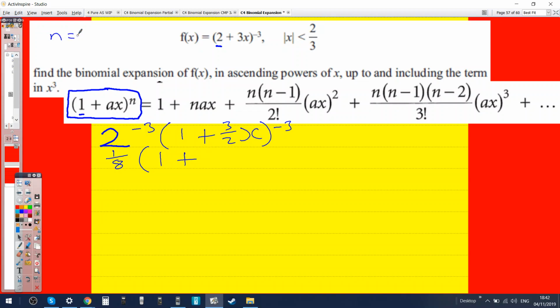So n is minus 3 and a is 3 over 2. Cute. Okay. 1 plus.